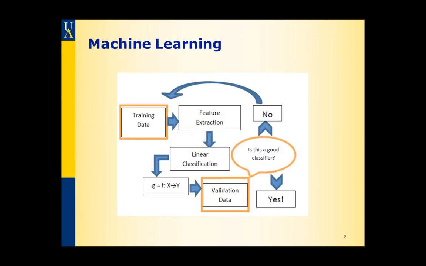So the whole machine learning process is: we have a lot of data, but we need to capture some features. We will see that in the MRI images we can use several features.